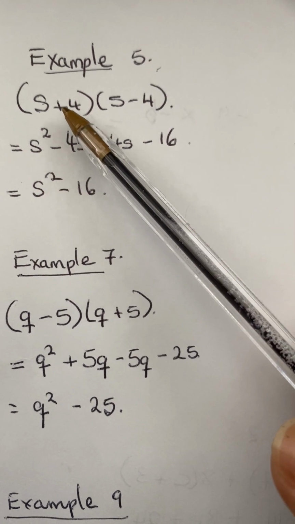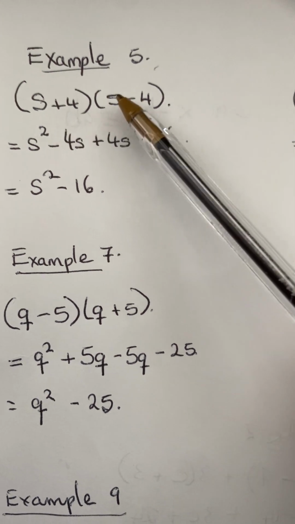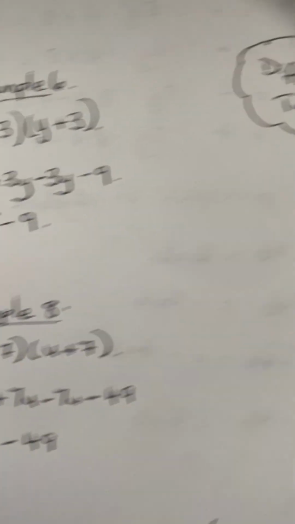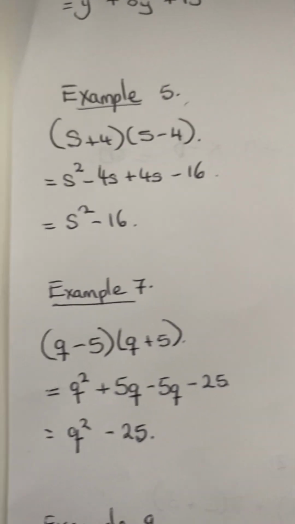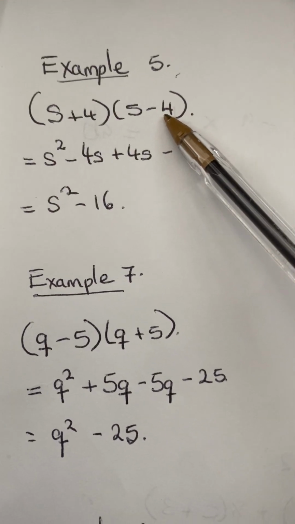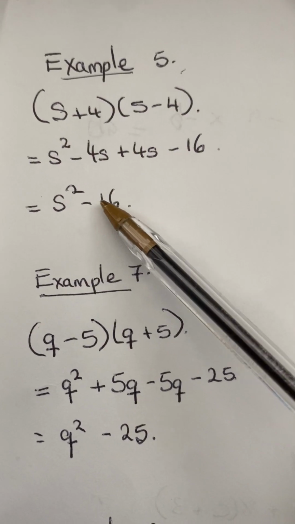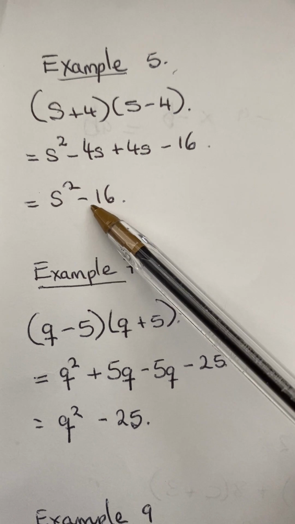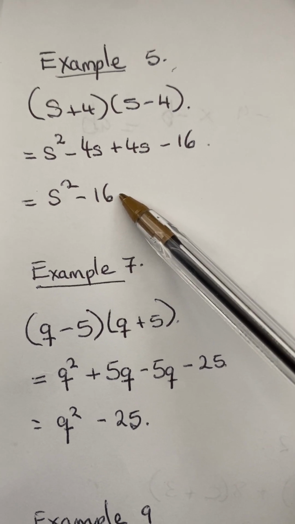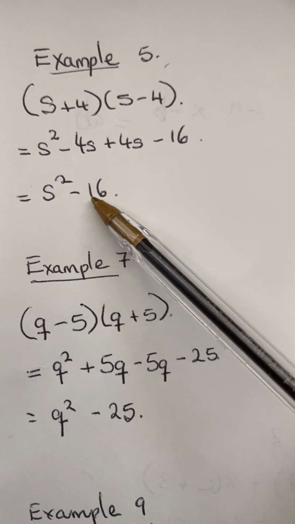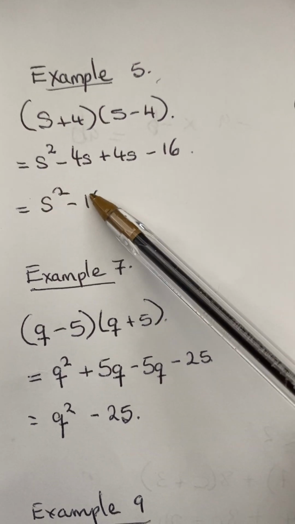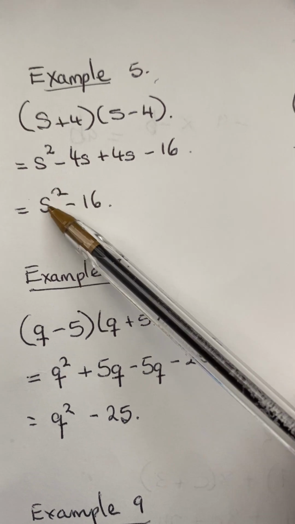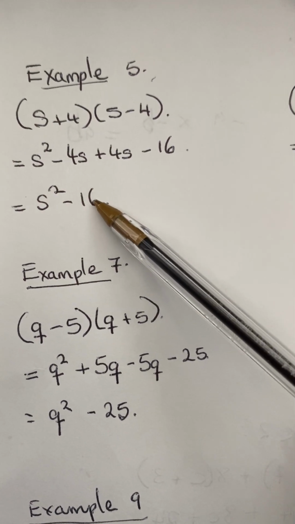As long as you have a plus and a minus, it is called a difference of two squares. So assuming you are solving an algebra question and you come up with x squared minus 16, all of a sudden you should start seeing this as a difference of two squares, because this is a square and that is a square.